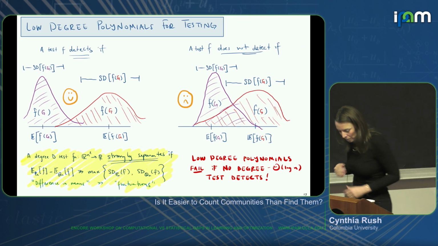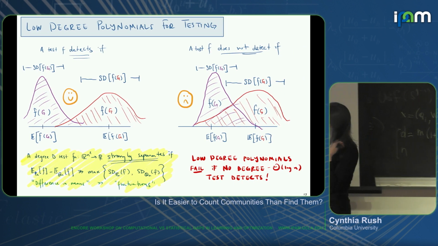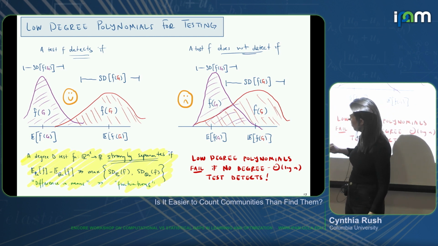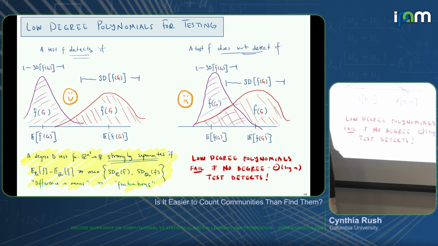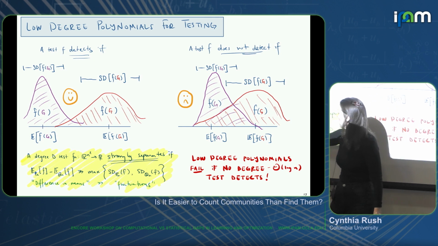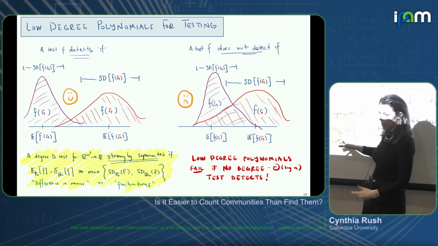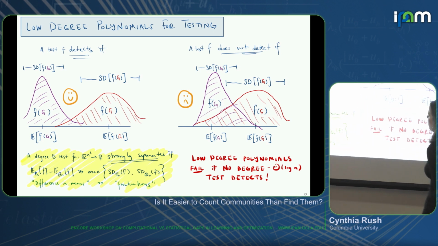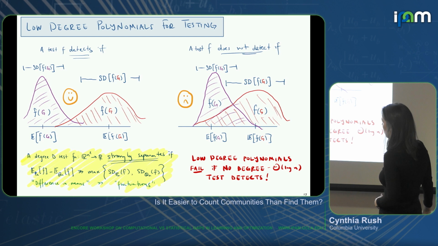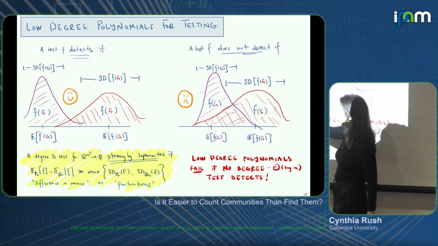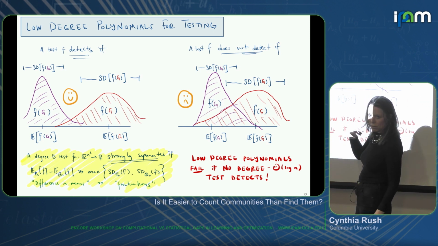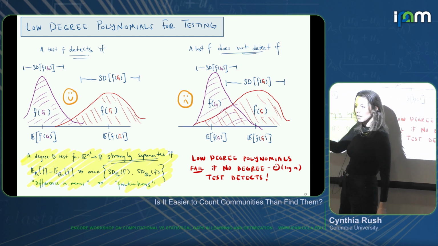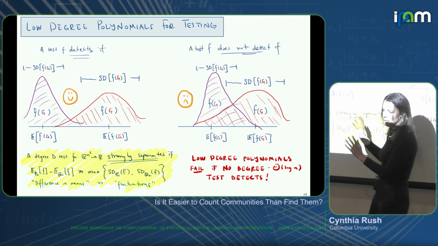So we would say a degree D test strongly separates if the difference in the means is much larger than the maximum of the standard deviations, right? So we want the difference in the means to grow compared to the fluctuations. There's also a notion of weakly separating, which I'll say in a few slides, but it just replaces the double sign with a greater than or equal to.